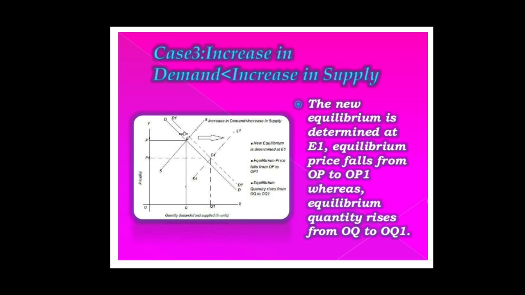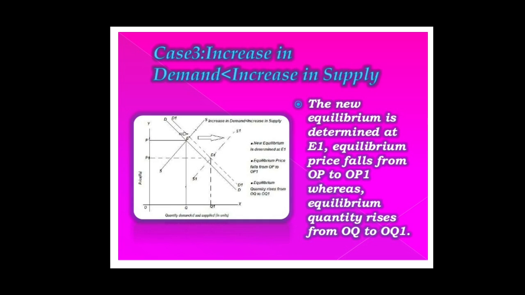As we can observe from the figure, the rightward shift in demand curve from DD to D1 is less than the rightward shift in supply curve from SS to S1. So it is a situation of excess supply, as the increase in supply is greater than increase in demand.